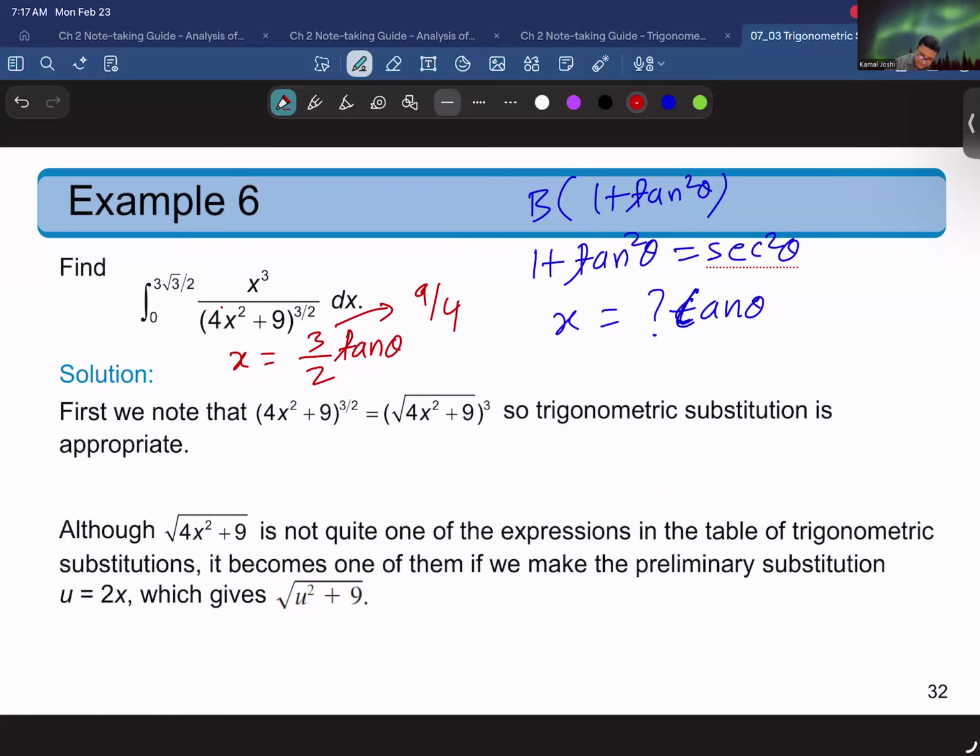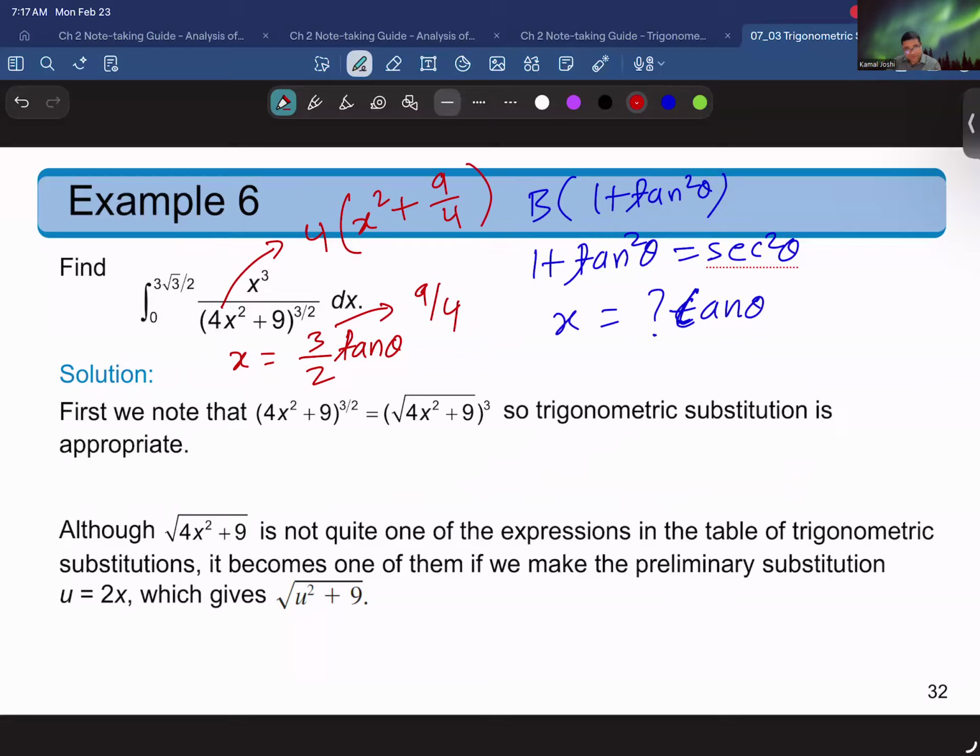Another way would be to take 4 out, and this trick you can always use. If it doesn't work like that, make sure that you factor out the constant, so you have only x square in the substitution level. If you factor out 4, you get x square plus 9 over 4.